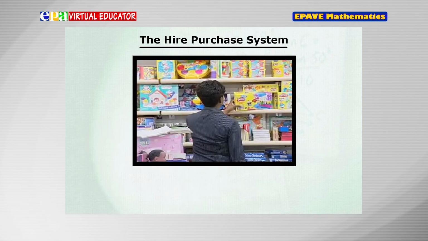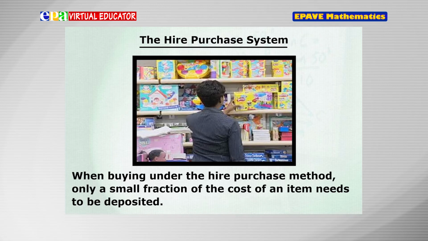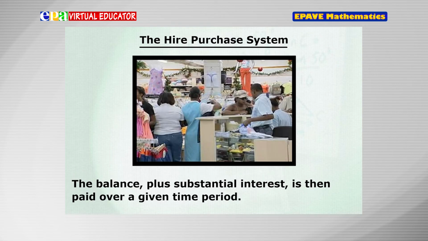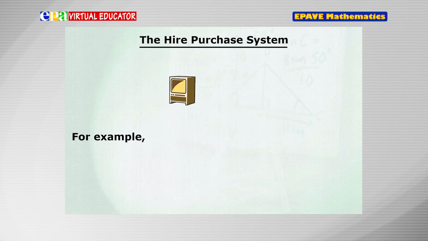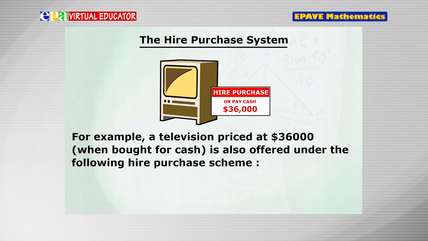Let us look at the hire purchase system. When buying under the hire purchase method, only a small fraction of the cost of an item needs to be deposited. The balance plus a substantial percentage in interest is paid over a given time period. For example, a television priced at $36,000 when bought for cash is also offered under the following hire purchase scheme.